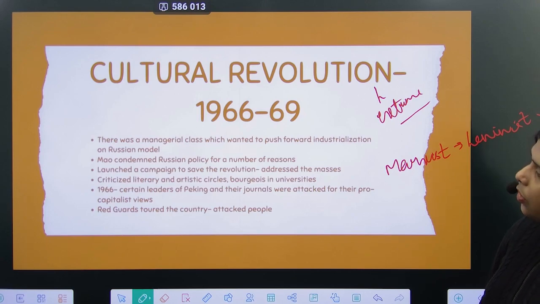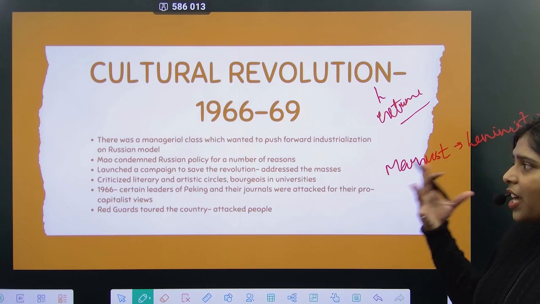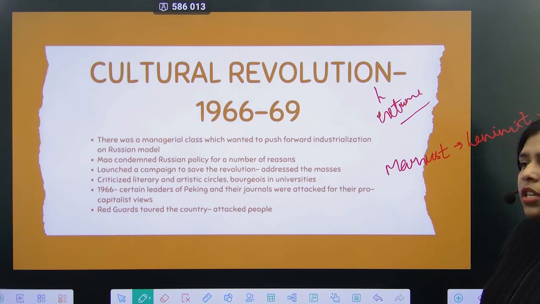Okay. So, Mao had condemned Russian policy for a lot of reasons. There was an ideological difference between the Russians and the Chinese among these policies, or the interpretation of Stalin's. And, see, Russia had liberalized itself by this time.